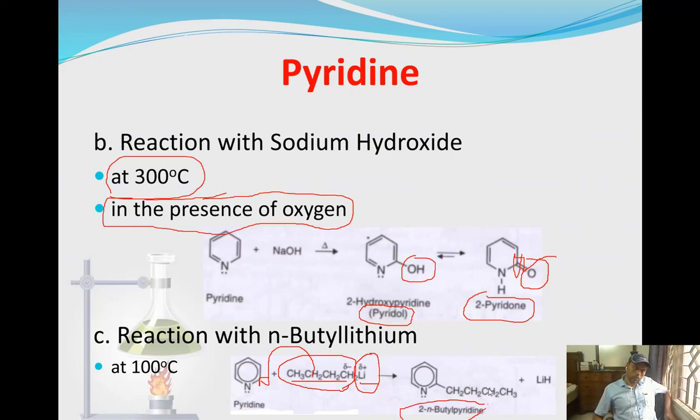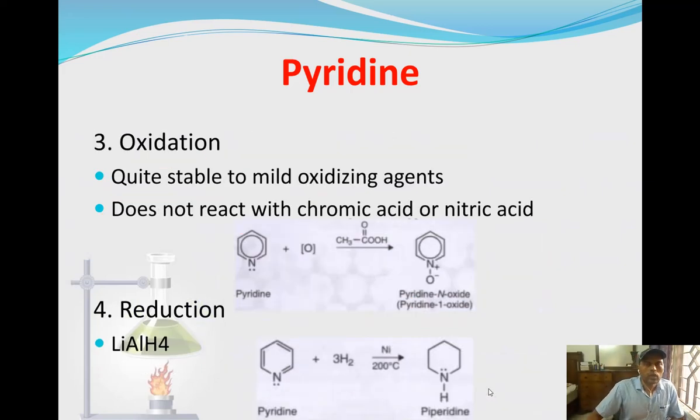So that's about nucleophilic substitution reaction. Next is oxidation. Pyridine is quite stable to mild oxidizing agents. It also does not react with chromic acid or nitric acid, but it reacts with per-acetic acid.